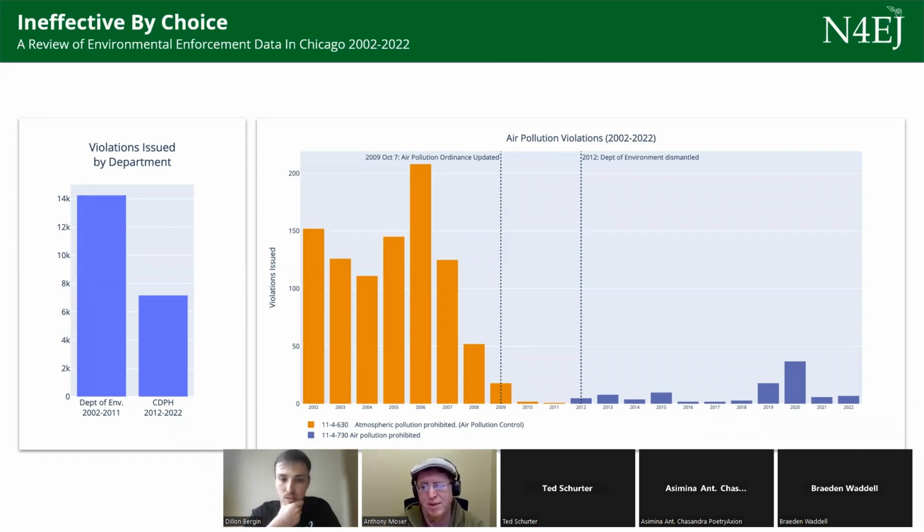And then they might have a fine attached still. They might have some requirements, like you have to put in some new equipment or do a thing. But it also means that the company avoids having anything on their record that shows that they were found liable for environmental violations.